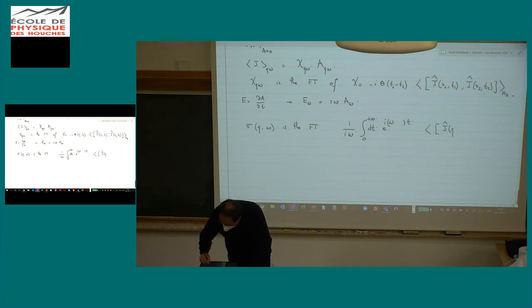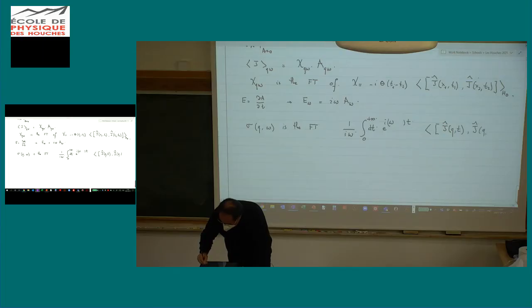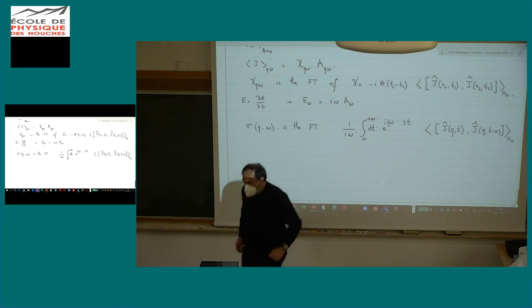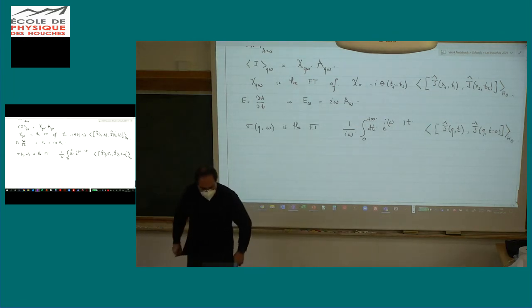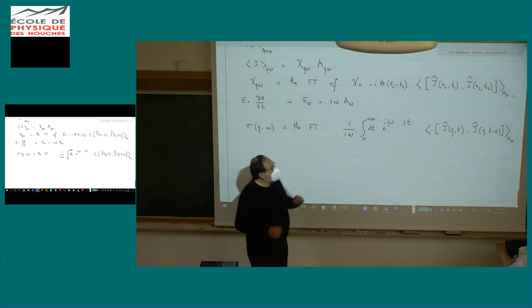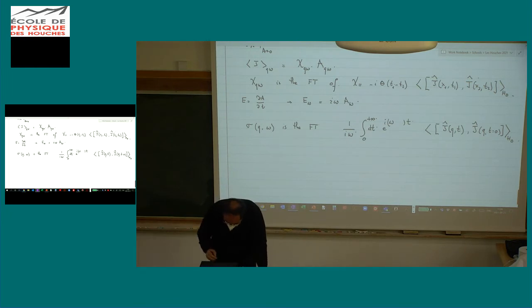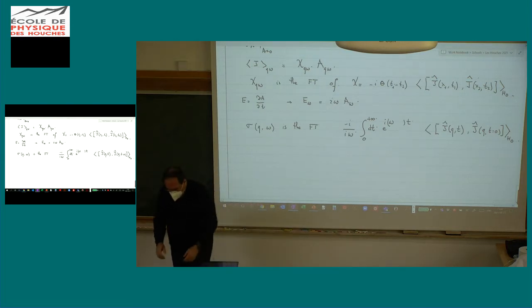I did already the Fourier transform in space, and J hat of q, t equals 0 just by choosing the origin of time at 0. And this is computed with the Hamiltonian H0. And usually you take q equals 0 in the expression. And there is a minus i here coming from the definition of the susceptibility.